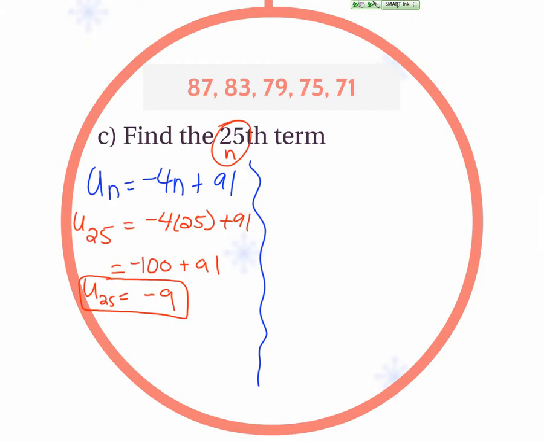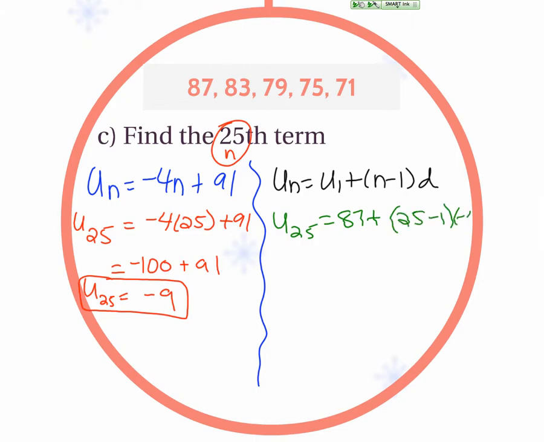Just to throw this out there, if you didn't already find the general term, you could go back to the formula that's in our packet and just plug everything in there. So u sub n equals u sub 1 plus n minus 1 times the common difference. You could just plug everything in here and have u sub 25 equals the first term 87 plus 25 minus 1 times negative 4.